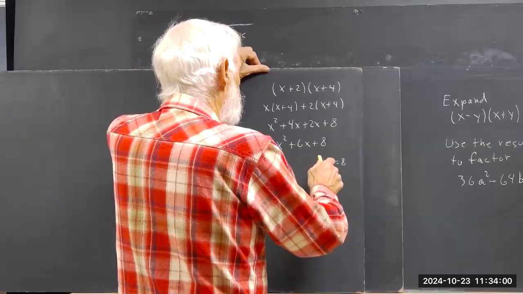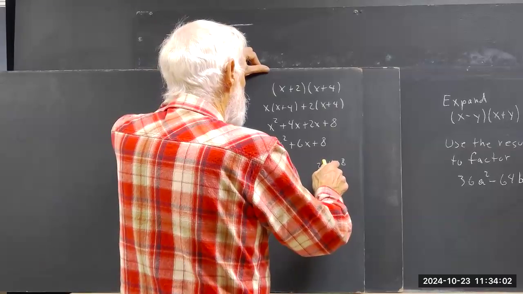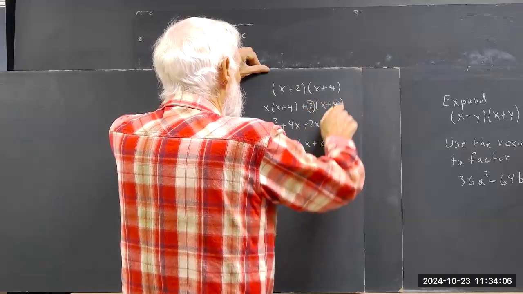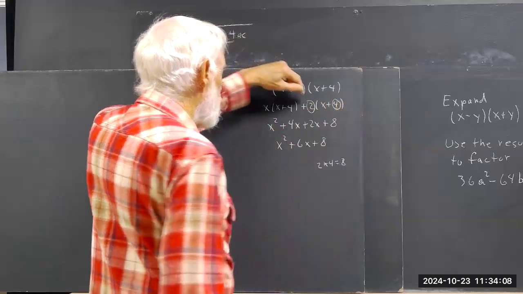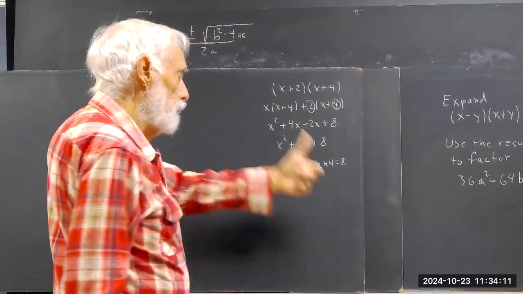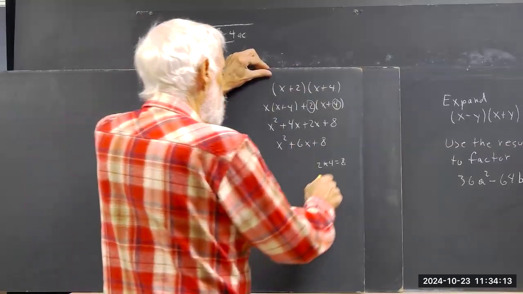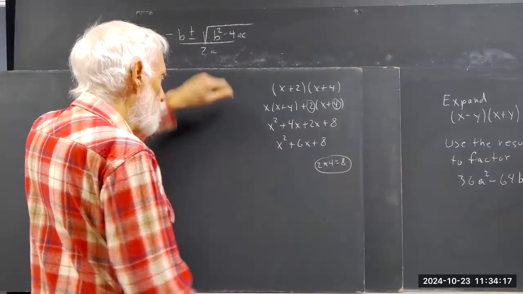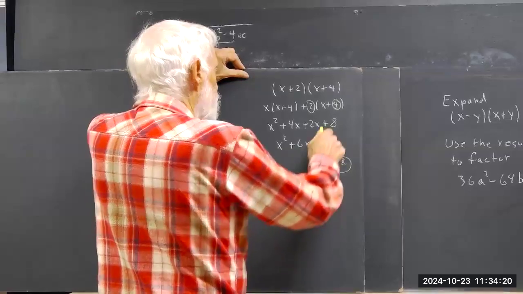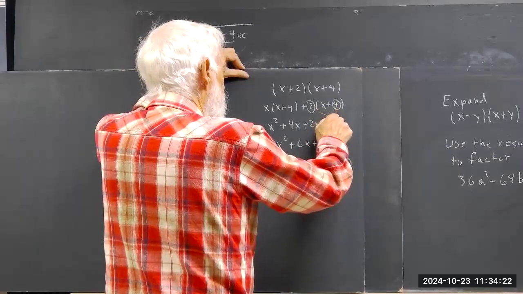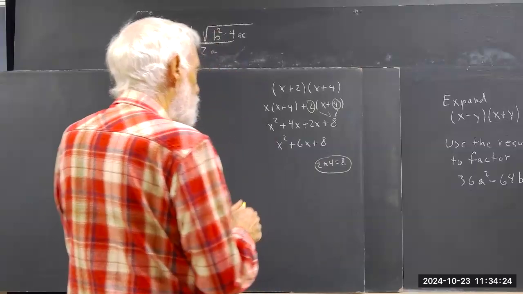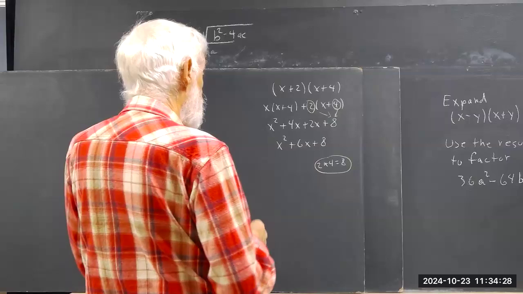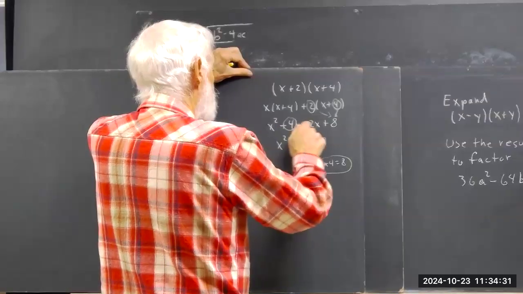So I'm going to circle the 2 and the 4, because these are kind of the keys to factoring this thing. Okay, and we see that 2 times 4 is 8. And then the 2 plus the 4 comes from these two terms.